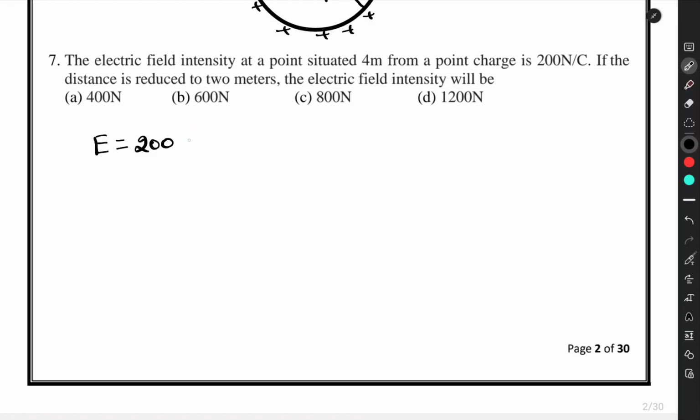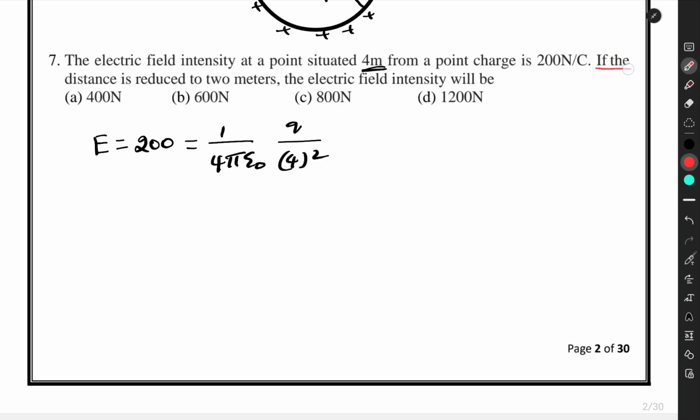So can I consider it as 1 divided by 4 pi epsilon naught Q by R square? Here the R value is given as 4 meters whole square, and they are asking you to find out the electric field when the distance is 2 meters.